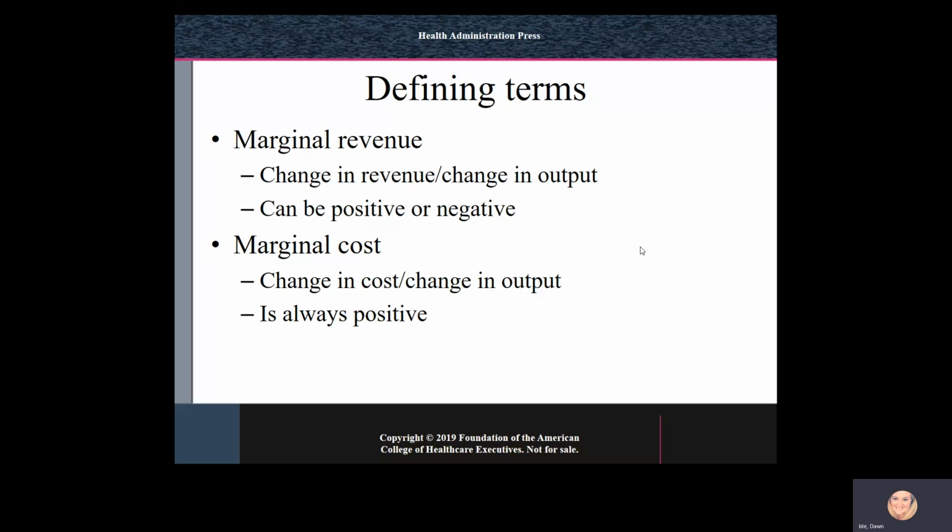All right, so just think of it that way. It makes it much easier. And then marginal costs, you're going to want to do the same exact thing. Don't make it more difficult than it is, because that's easy to do. Marginal cost is the cost added by producing 1 additional unit of product or service. Okay, 1 additional unit.